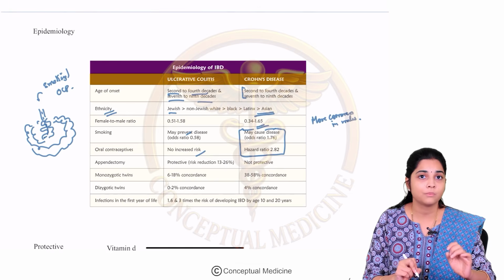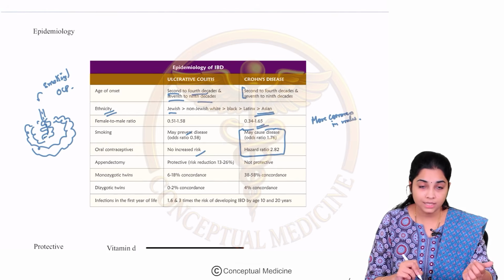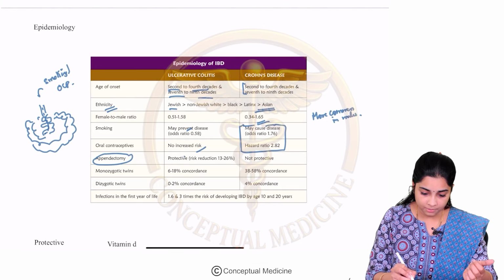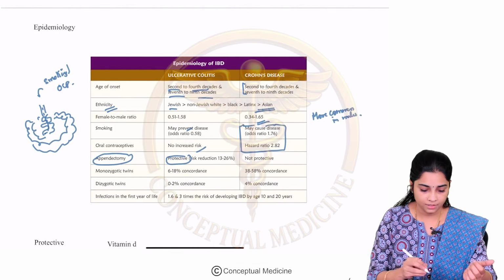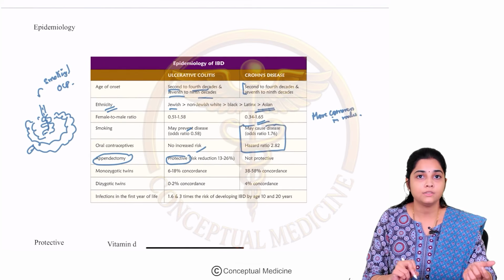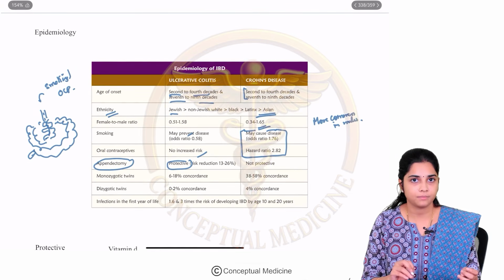Smoking and OCP is more common with Crohn's disease. Crohn's disease affects the small intestine more, correct? And the other way around, appendicectomy is protective for UC. The appendix is attached where? It is near the large intestine. So appendicectomy is more protective for UC. This is just a way of remembering.